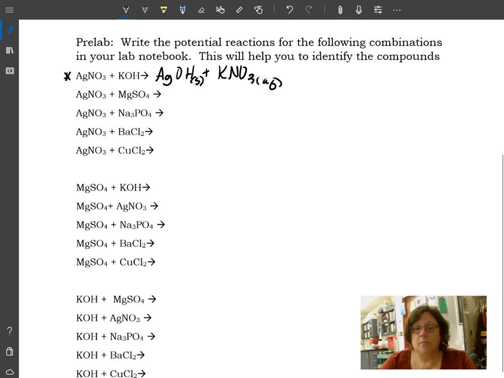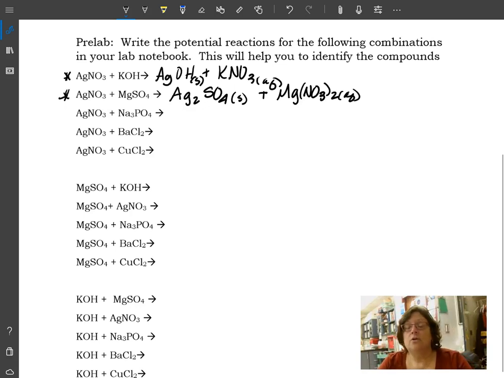The next one, silver nitrate and magnesium sulfate. Again, silver reacts with sulfate and will have a precipitate, and magnesium nitrate will be our spectator ions. So silver nitrate should produce a precipitate, silver sulfate.